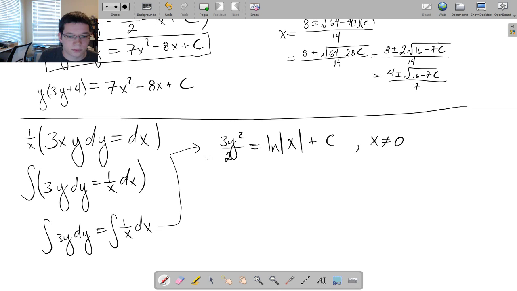And then we have y squared. We'll multiply the whole thing by 2/3 equals 2/3 natural log absolute value of x plus a constant. We just want y by itself.